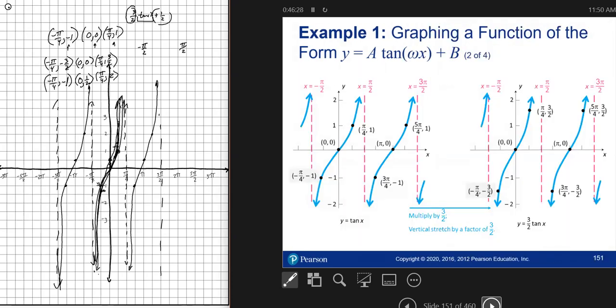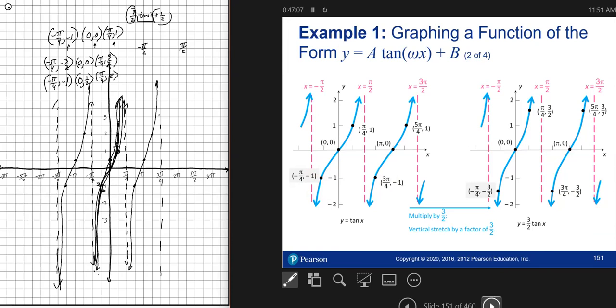So they did it using the transformations and multiplied. Since omega was 1, it's not going to change any of our x values. And then we multiply the y values by 3/2, which is what I had done. So these values at 1 went up to 3/2. These values at -1 went down to -1.5.